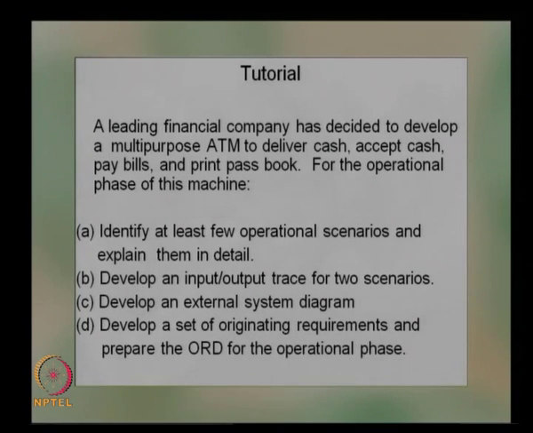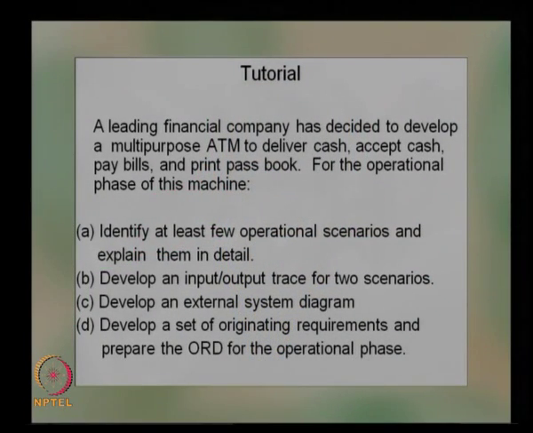As I told you about how to identify the operational scenarios, in the case studies and examples we saw how to do this. So for this ATM machine, try to identify a few operational scenarios and explain them in detail. We know how to describe an operational scenario, so explain them in detail and develop an input output trace for at least two scenarios.